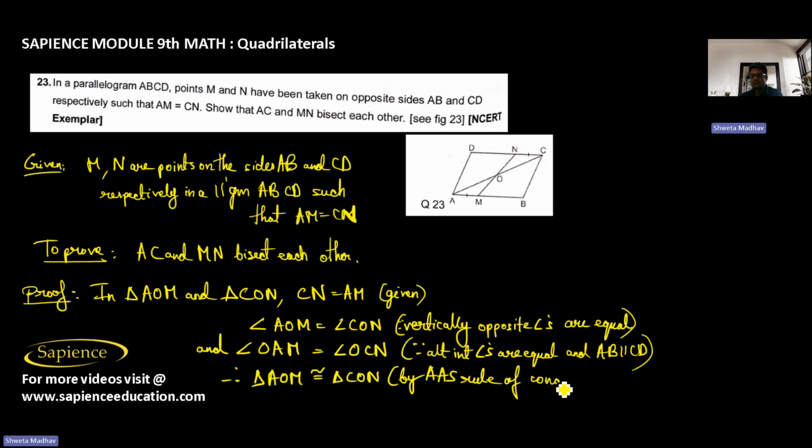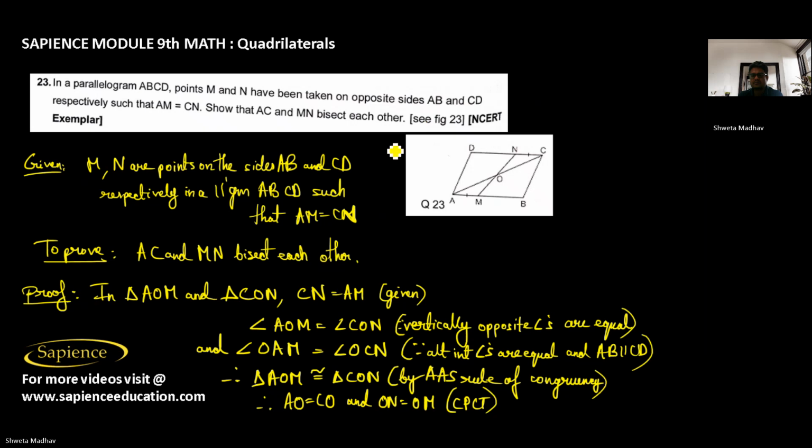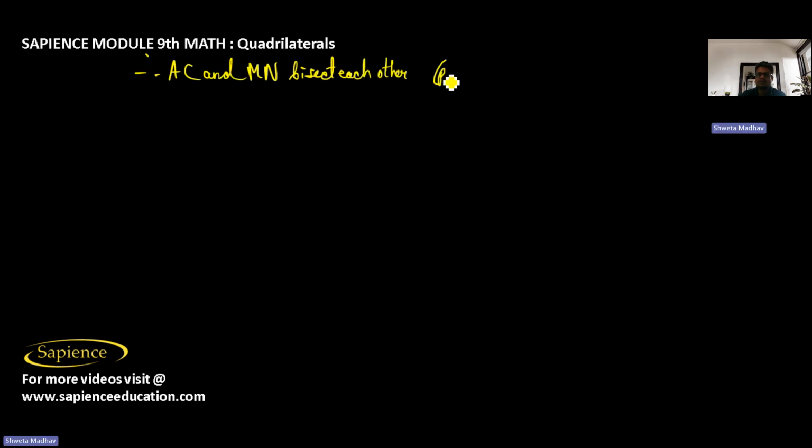These two triangles are congruent, so AO equals CO and OM equals ON, by CPCT. Hence AC and MN bisect each other at the point O. Hence proved.